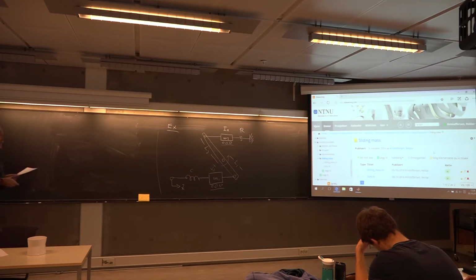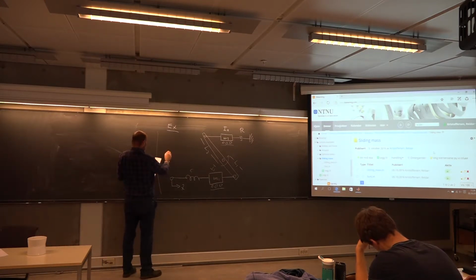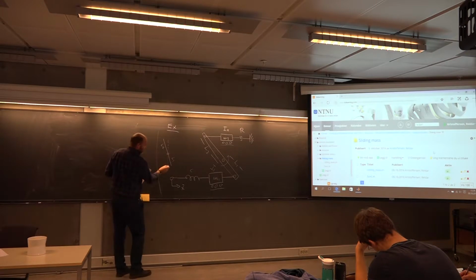Now let's have a look at that rod. If we just draw it here somewhere, like that. L1, L2. So now it's the question, the distance down here coupled with the distance up here.